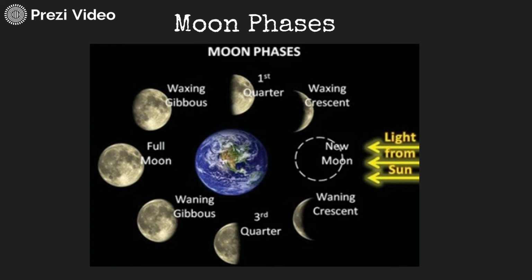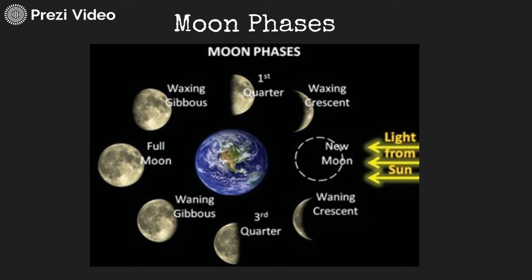Again, no part of the moon is actually disappearing here. The moon's always staying the same shape and mass, but part of it's starting to get shadowed over. 3/4, about half of it is shadowed. And again, we're still waning. Waning means it's going more and more into shadow until we get to the waning crescent, and then finally into what we call a new moon, where again it is no longer visible in the sky.